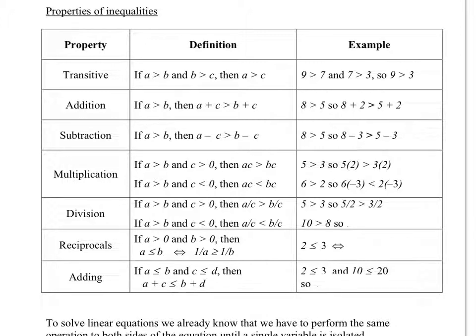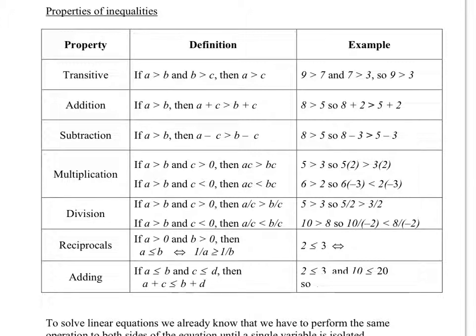However, if you divide both sides by a negative number, then we have to remember that the inequality symbol here, the bigger than, changes to a less than. Right? So if you're dividing both sides by a negative number, please remember you've got to flip the inequality symbol.